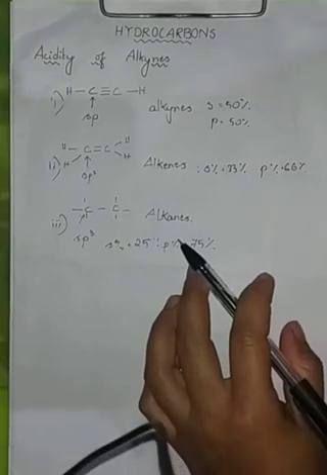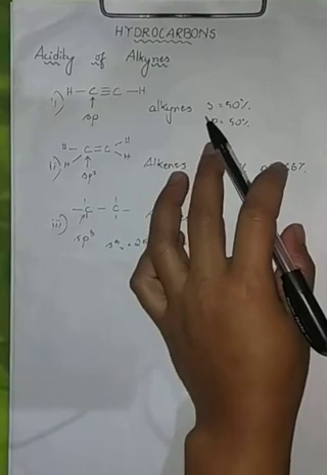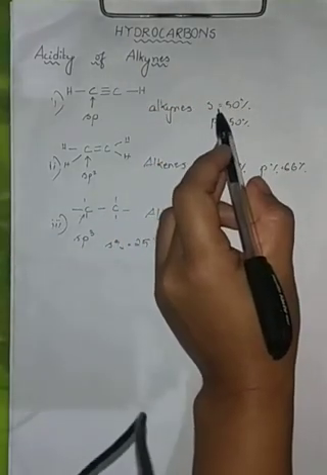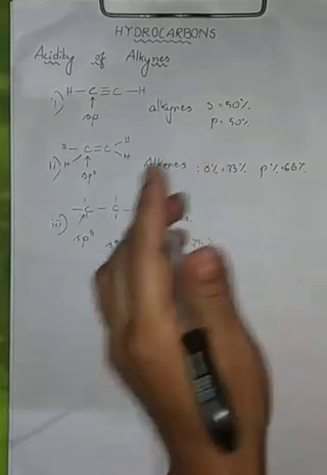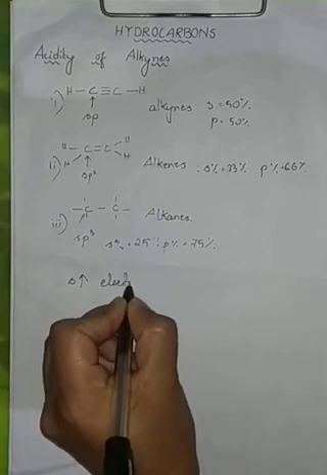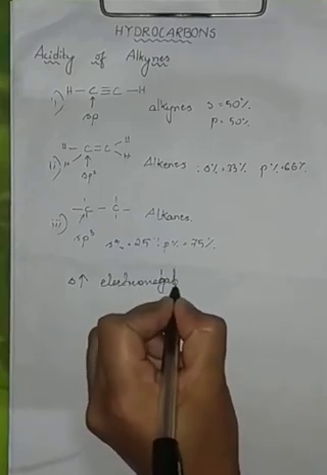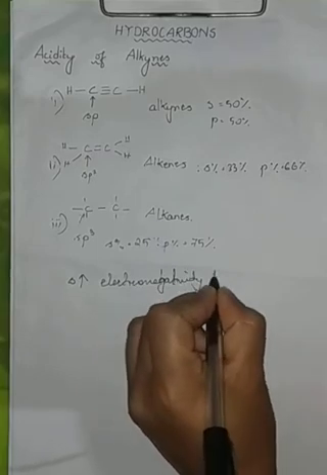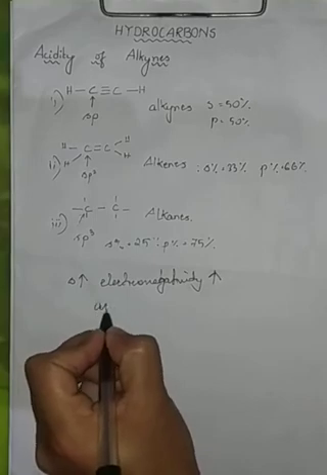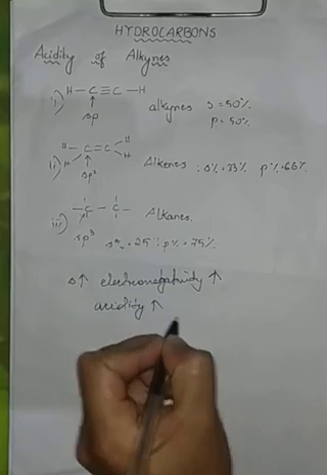Now electronegativity depends on the S character. If our S character increases, electronegativity will also increase, thereby leading to an increase in acidity.